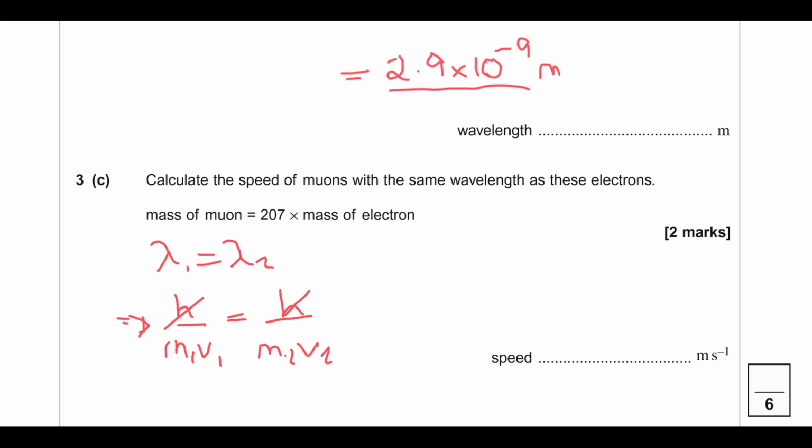You can cancel Planck's constant. So we wanted the velocity of a muon, which is going to be the mass of the electron times the velocity of the electron, divided by 207 times the mass of the electron, where the velocity was 2.5 times 10 to the 5.